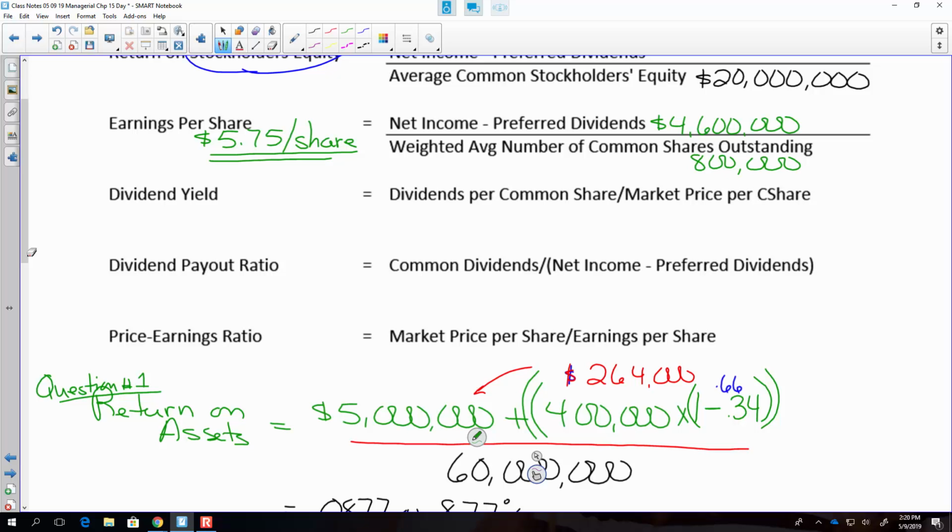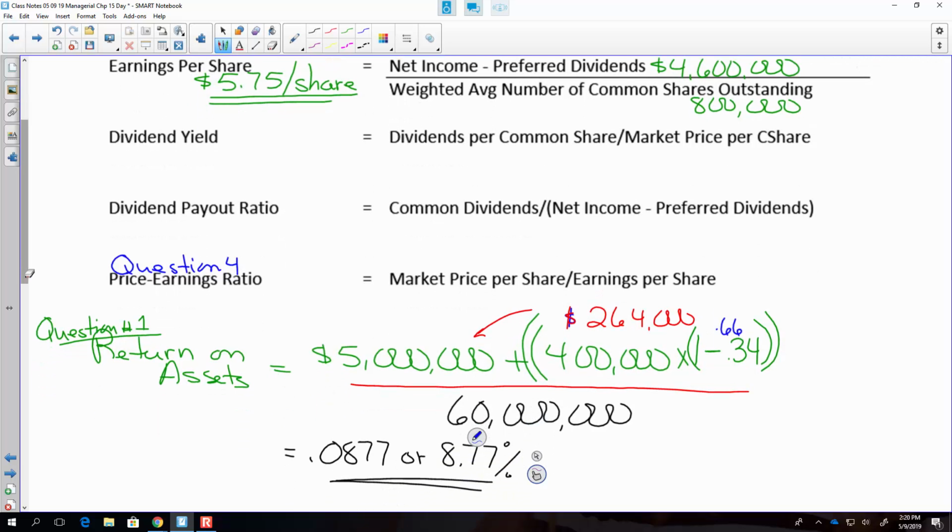The next jump to the price earnings ratio. So we're on question 4 now. So I'm going to switch colors again. Question 4 is here, the bottom one. Since we got our earnings per share at 5.75, our market price is 40.